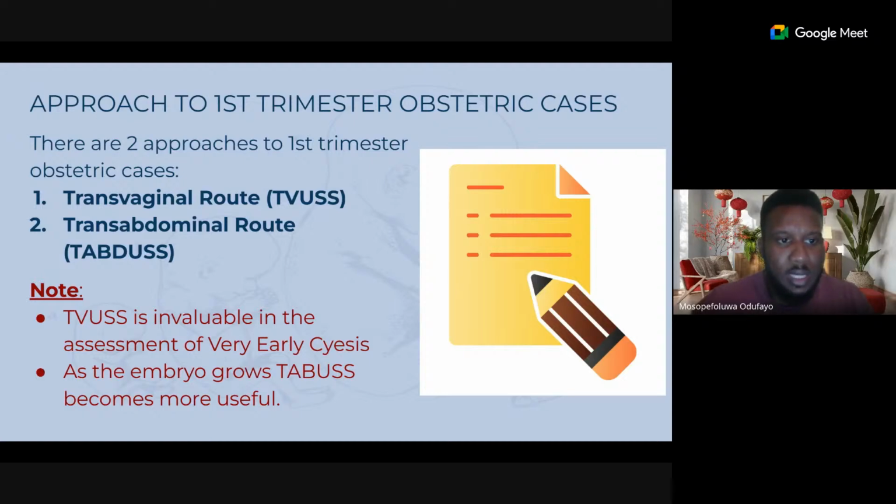And you can take the transabdominal route as well. But you also need to be able to make a good judgment on when to use what. Transvaginal ultrasound is very important, by the way, but we will want to pay more attention to it if in the first trimester we are dealing with a very, very early pregnancy.